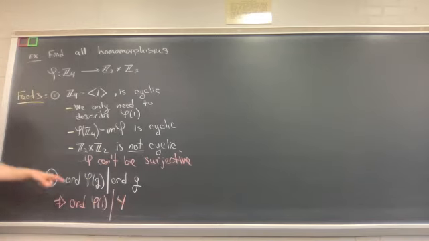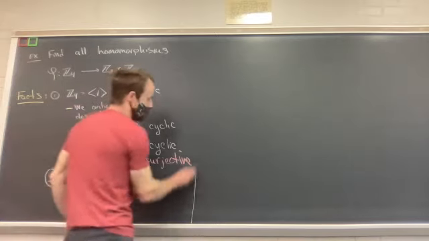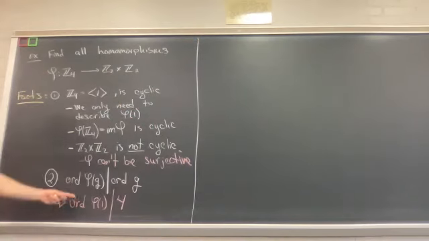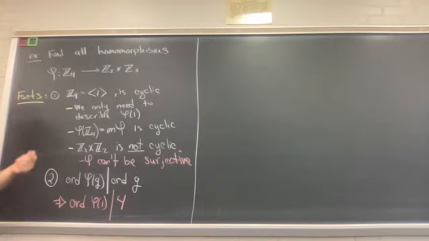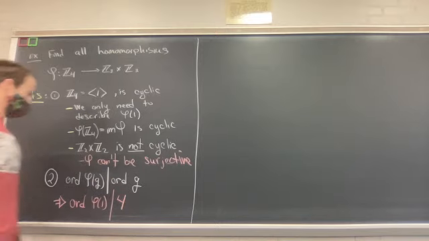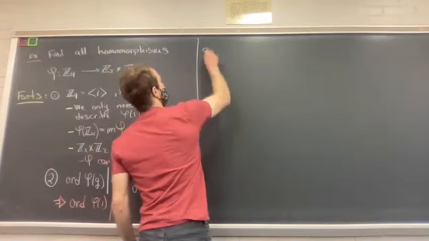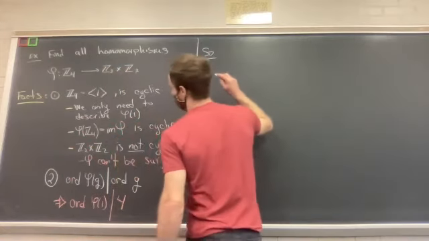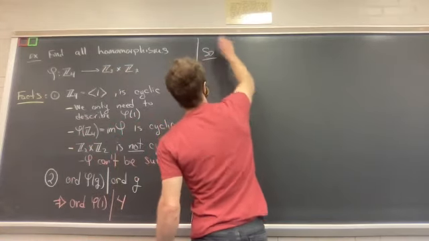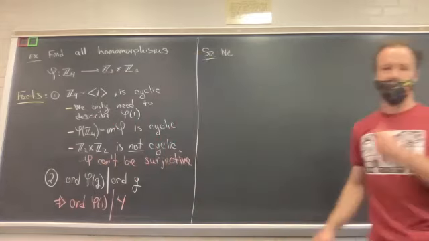So we know that the order of phi of 1 has to divide 4. Only three numbers divide 4: 1, 2, and 4, because 4 is the square of a prime. So in the end, this is a summary of everything over here.